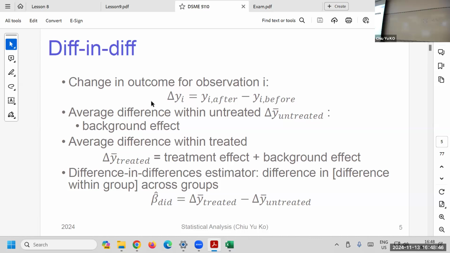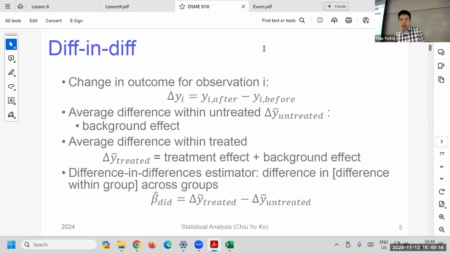So your body will recover even though you don't take that medicine. So you can't control that part. That's why if you look at the treatment group, you have the treatment effect and background effect. If you look at the untreated, only background effect. So that's why you take the difference. DID would be looking at the treated effect difference, then you get what we want.